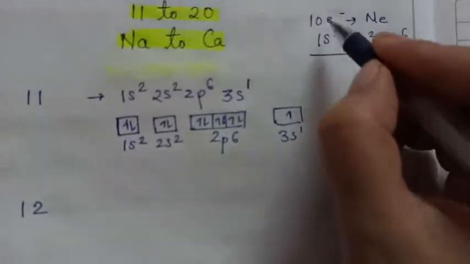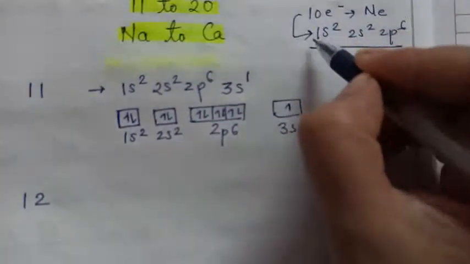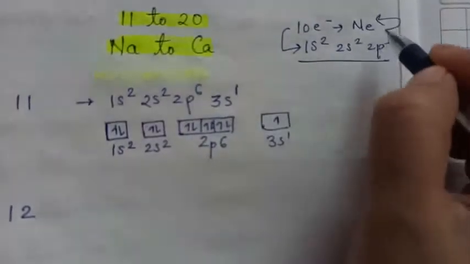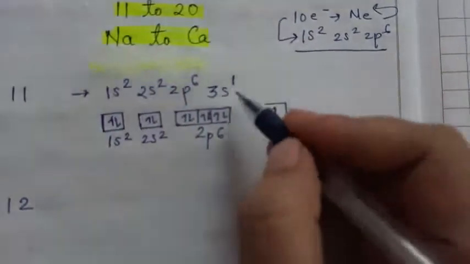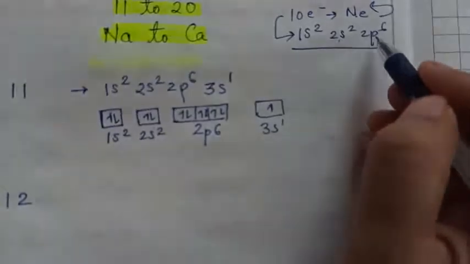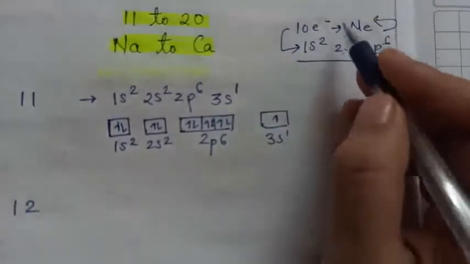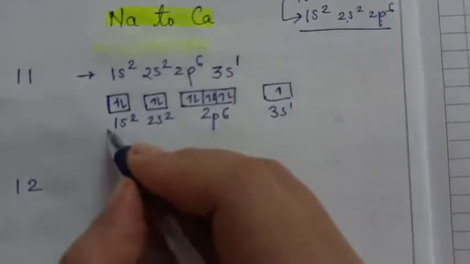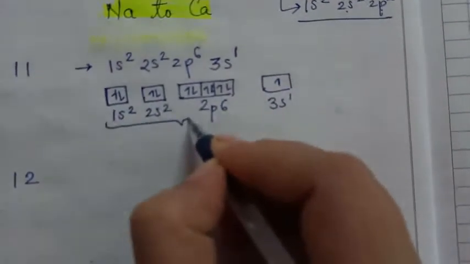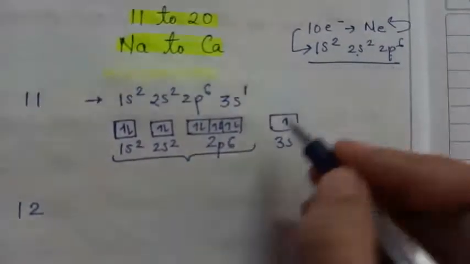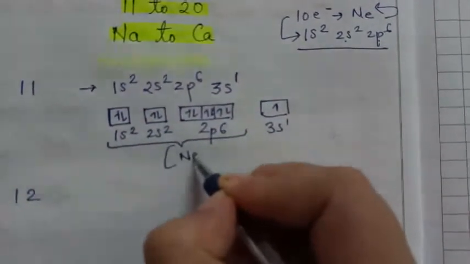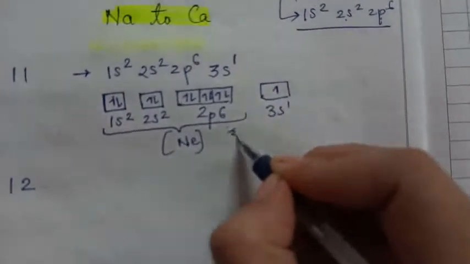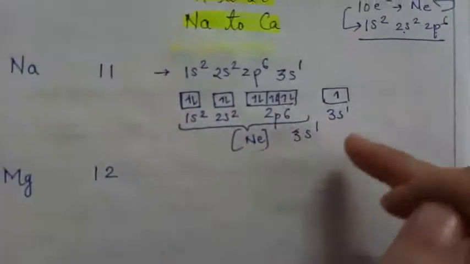So if 10 electrons corresponds to this electronic configuration and this electronic configuration is for neon, in place of 1s2, 2s2 and 2p6 we can write neon because it is a noble gas. So in this configuration, in place of this 1s2, 2s2, 2p6, if I substitute neon because it's the noble gas which represents this much part of the configuration, then this is one more way of writing the configuration.